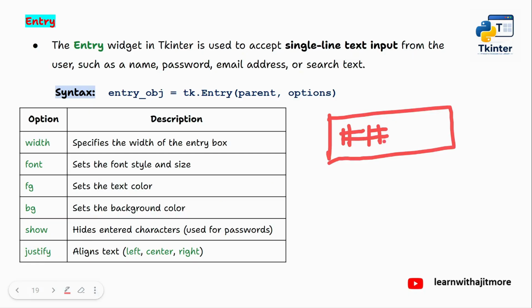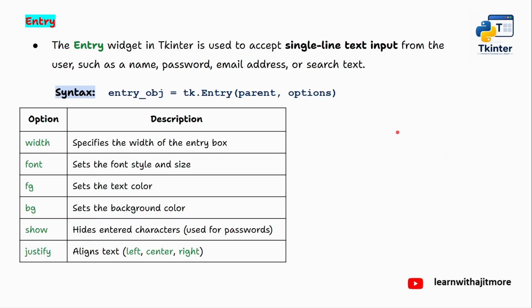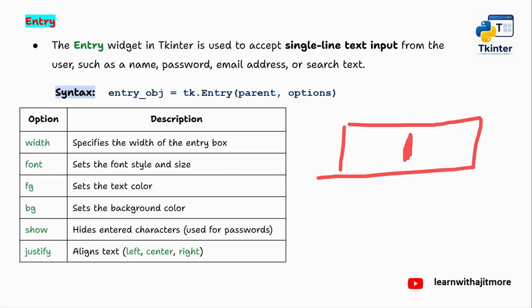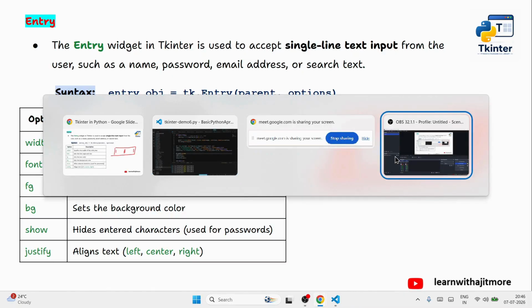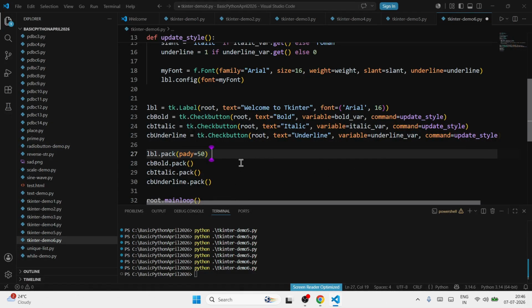And then justify is also there, like to which side the cursor is. You want the cursor to be blinking in between, and as you type, it moves. You want the characters to be at the right side or at the left side. That vertical line indicates where the typing is going on. See, whenever the typing is going on, is this vertical line blinking?